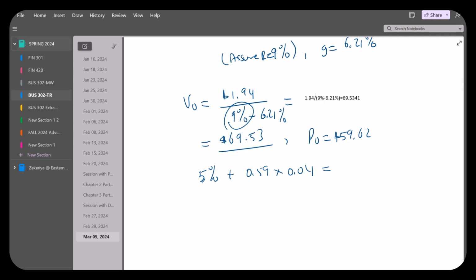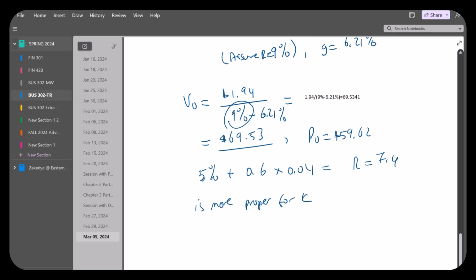That's 2.4. So R of 7.4 is probably more proper for Coke. And if we had done that, we would have gotten actually a value that is close to $190. But we're not going to worry about those yet.